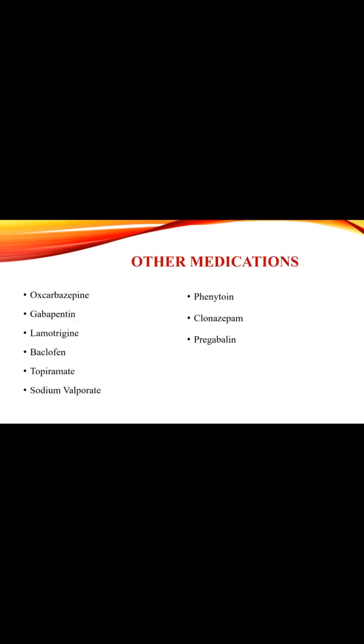Other than carbamazepine, we can use various other medications like oxcarbazepine, gabapentin, lamotrigine, baclofen, topiramate, sodium valproate, phenytoin, clonazepam, and pregabalin. These are the other medications we can opt for. All these are anti-seizure medications which can be used in the treatment of trigeminal neuralgia.